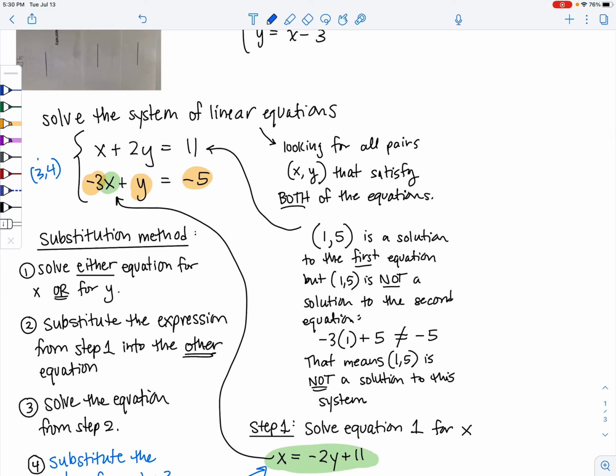If I put the 3 in for x and the 4 in for y, does that solve the first equation? Sure, 3 plus 8 is 11. If I put the 3 in for this x and the 4 in for this y, I've got -9 plus 4 equals -5. Yep, that works. So I can see 3, 4 is definitely a solution to the system.